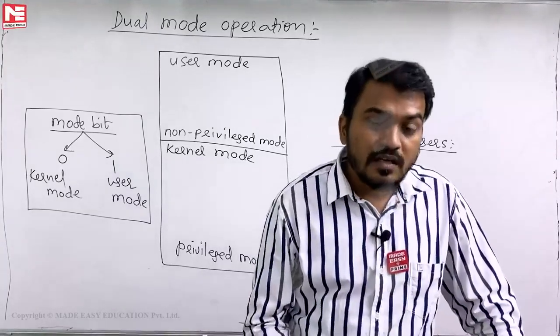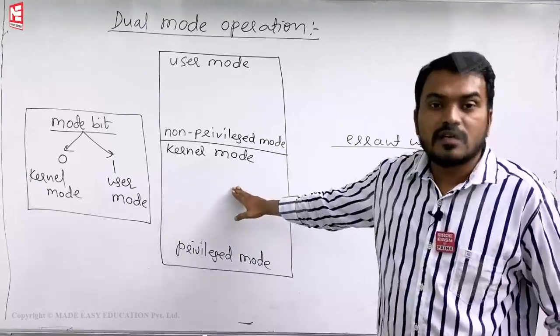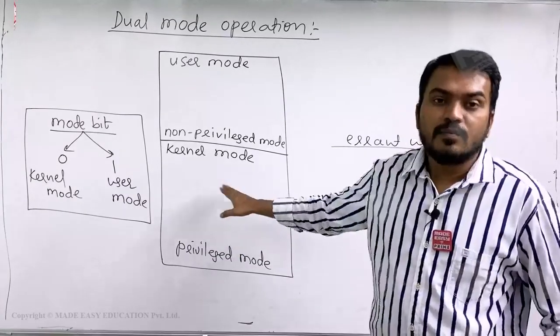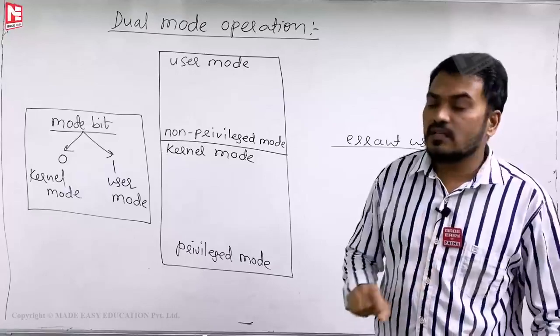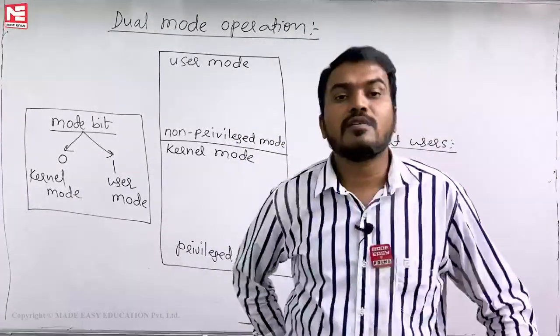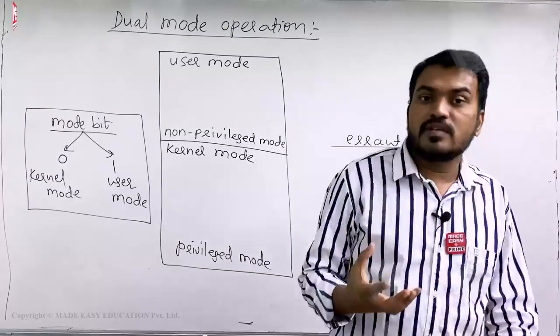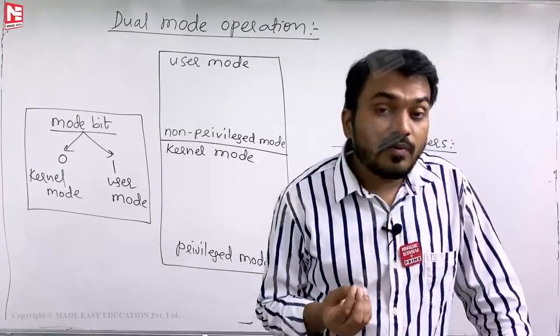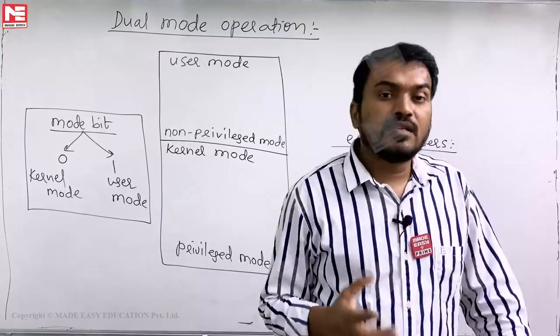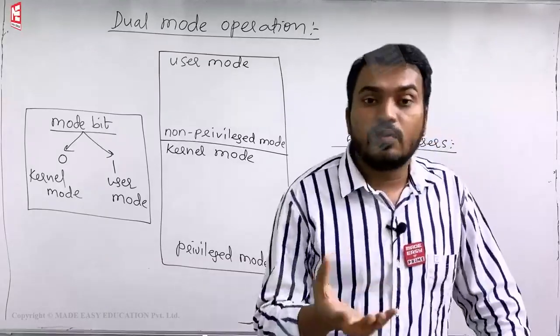Remember, generally the privileged instructions are executed in the kernel mode, and non-privileged instructions are executed in the user mode. इसका मतलब क्या है? Privileged instruction means what? Which requires more protection and security, like context switching or IO operation.